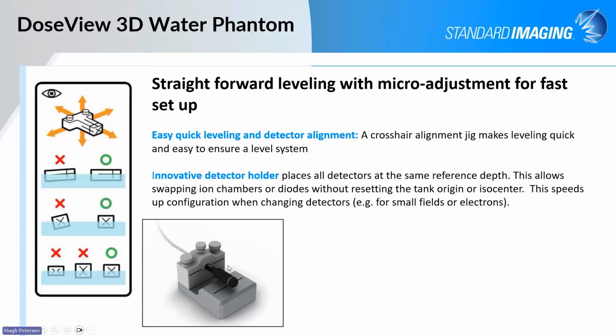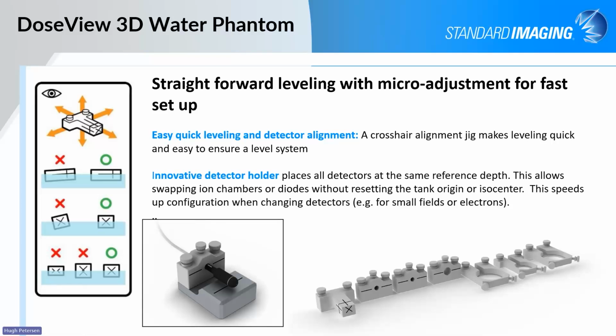And that being said, we have a whole host of different detector holders that are included with the system at no extra charge. So we've got a universal one that'll hold a Farmer chamber or some of your larger chambers. We've got some micro chamber specific holders. We've got one specifically for our A28, which is our 0.125 ion chamber scanning chamber.